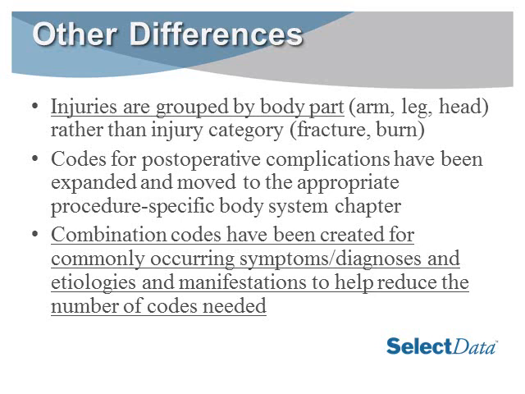Injuries are grouped by body part now, rather than injury category, and the combination codes have been created for commonly occurring symptoms and diagnosis and etiologies and manifestations to help reduce the number of codes needed. However, that brings a new set of challenges for us, because the combination codes include a number of diagnoses, which means that the documentation must be there to support all of the diagnosis within that combination code.